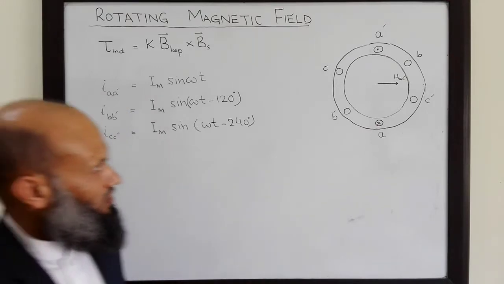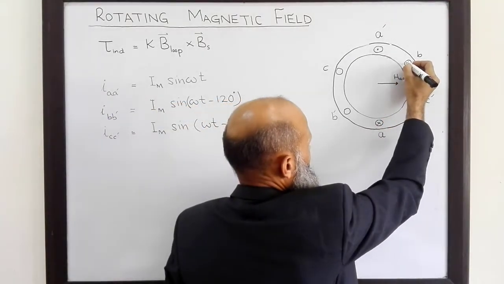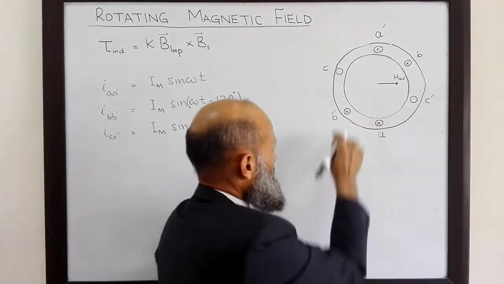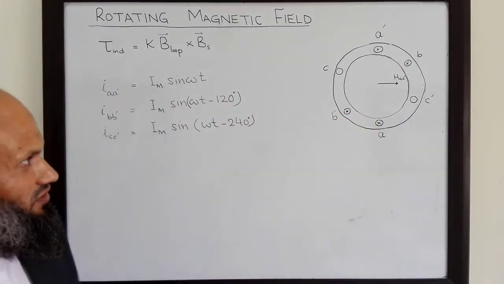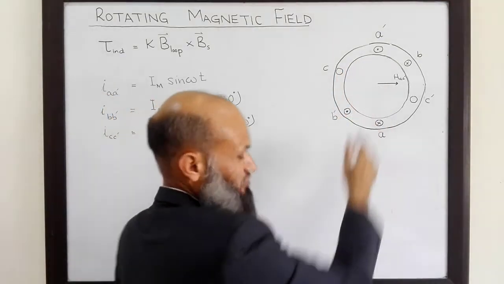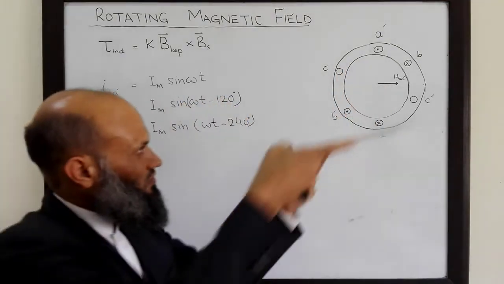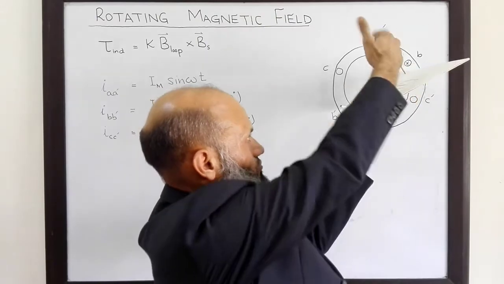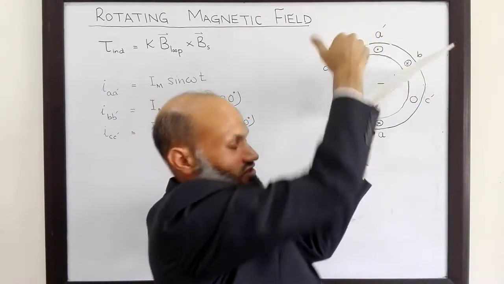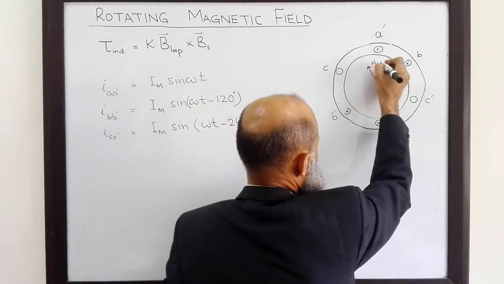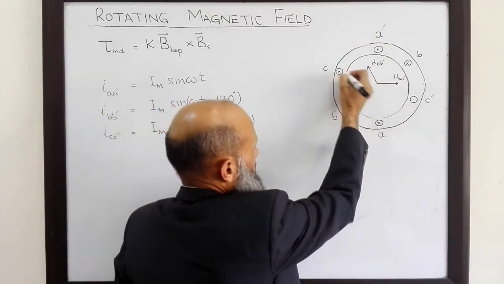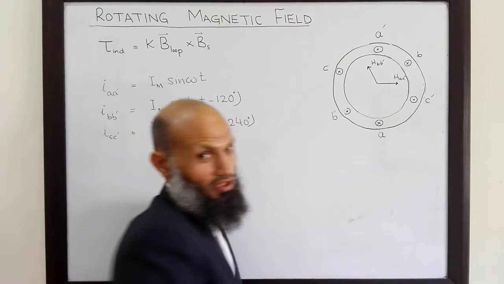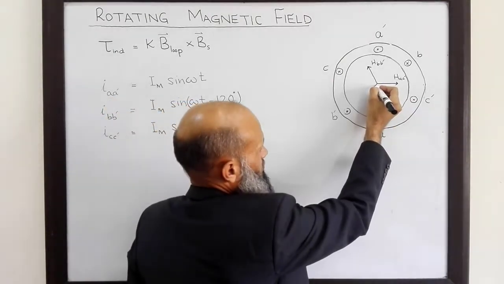Similarly, due to current in this coil, there will be a magnetic field. Again, its direction can be determined. This coil is like this one. So this is the direction of magnetic field H BB dash. And similarly, the magnetic field due to current in the third coil.